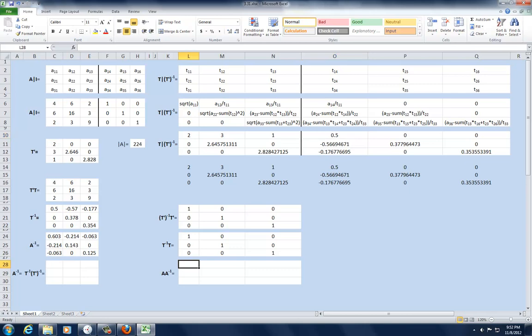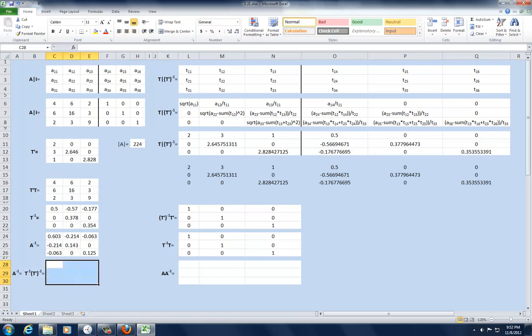Now lastly, we mentioned you can use this formula that's down here. What we want to find is the inverse of the original matrix A, and we use the formula that is obtained by multiplying the inverse matrix of T by its transpose, which is this lower triangular inverse root matrix.